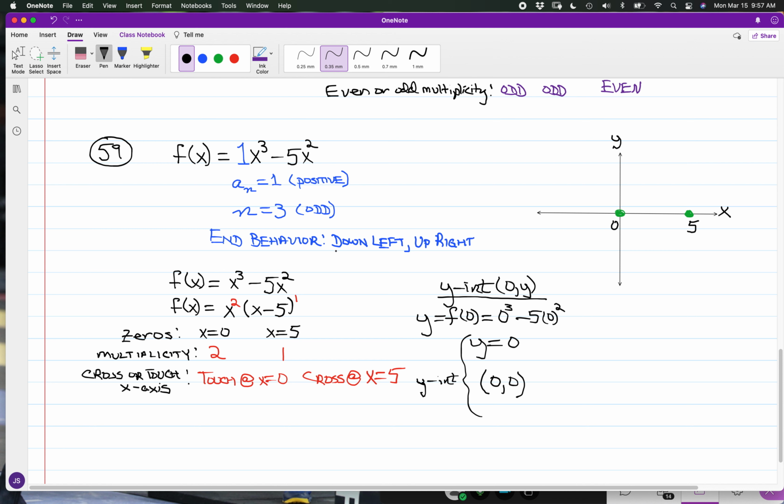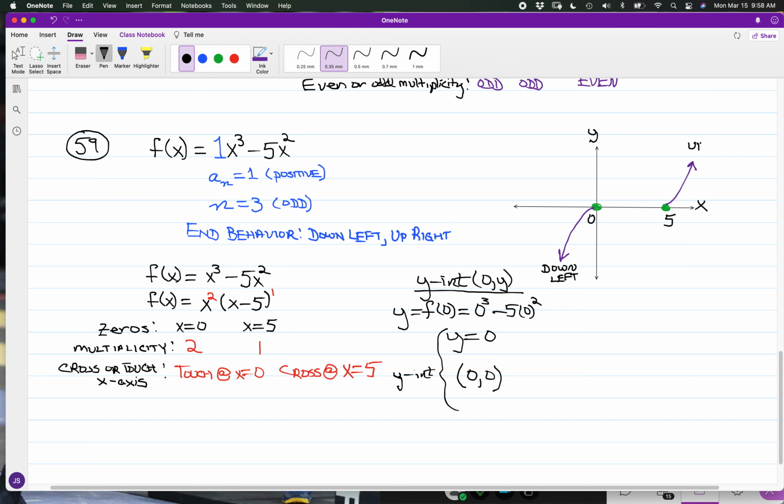And the end behavior, you have down to the left and up to the right. And for what we have regarding the in-between activity, the graph is going to touch at x is equal to 0, and it is going to cross at x is equal to 5. So T for touch, C for cross.